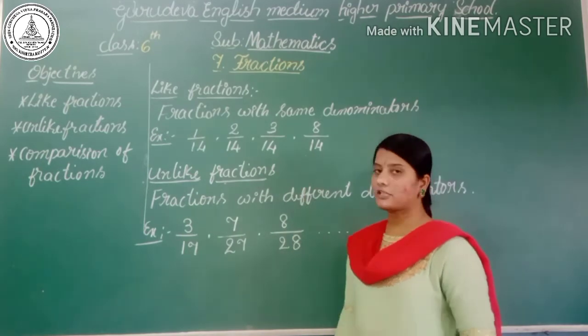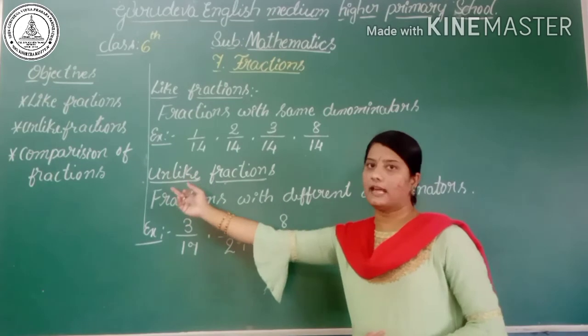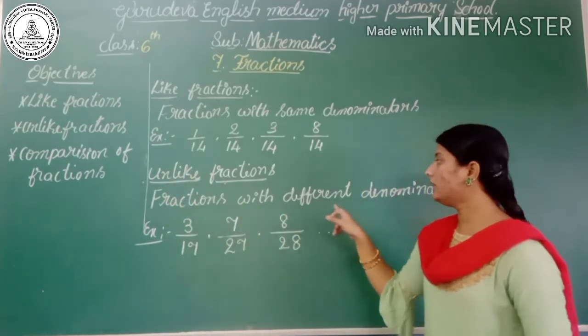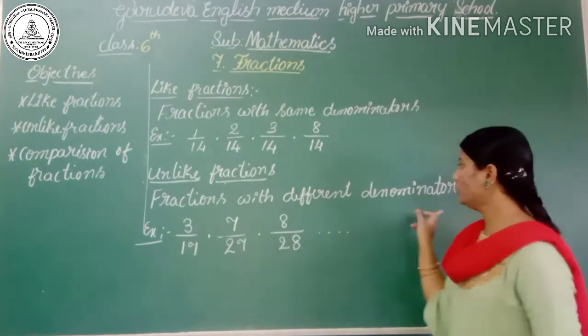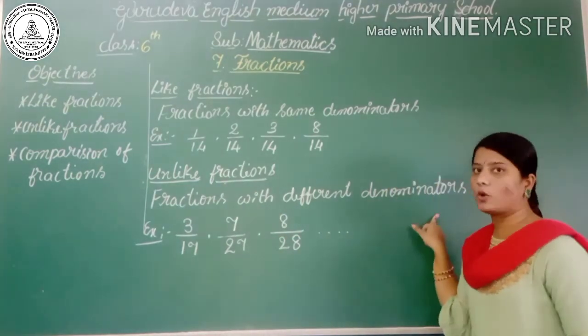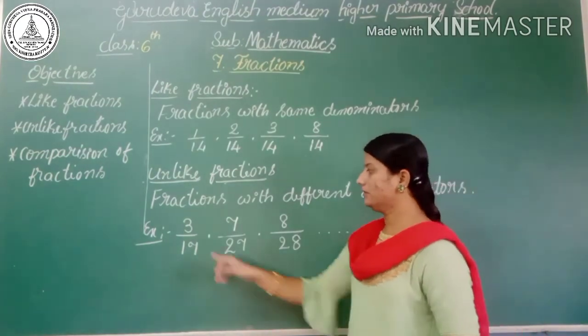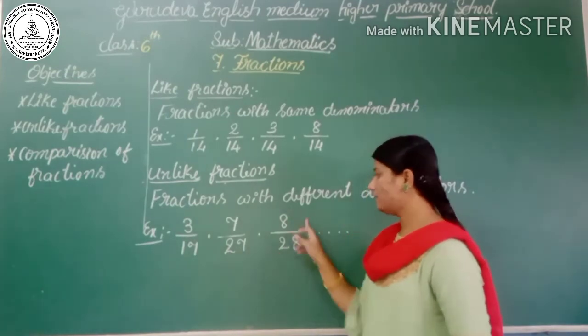Unlike fractions means the opposite of like fractions. Unlike means different. Fractions with different denominators are called unlike fractions. You can see the example here: 3 by 17, 7 by 27, 8 by 28.